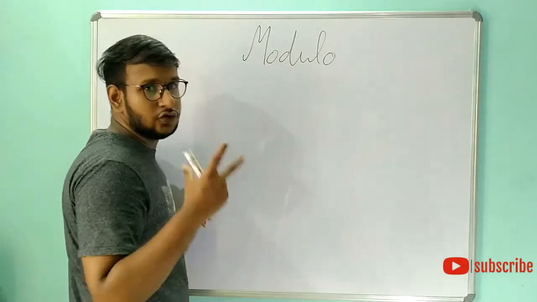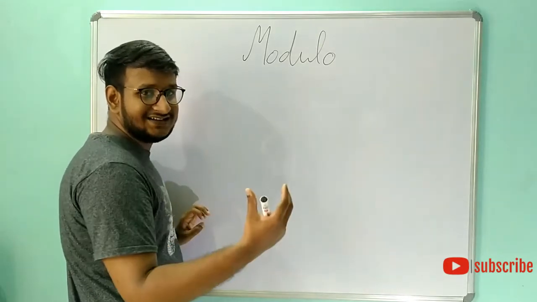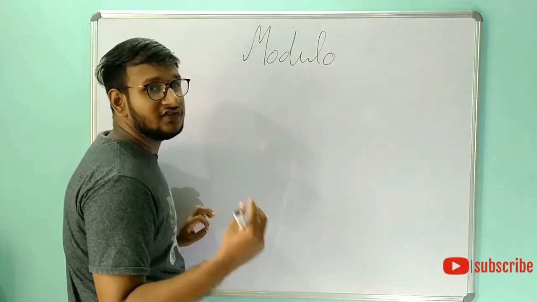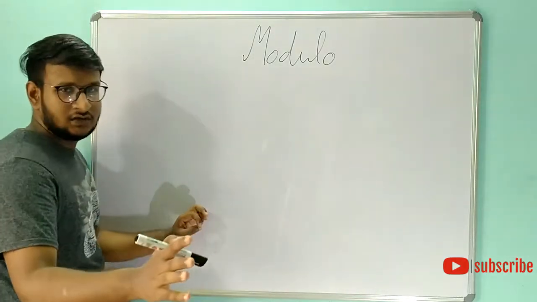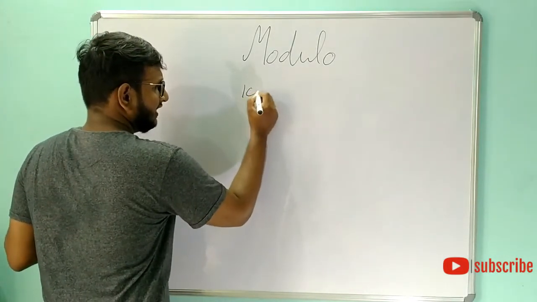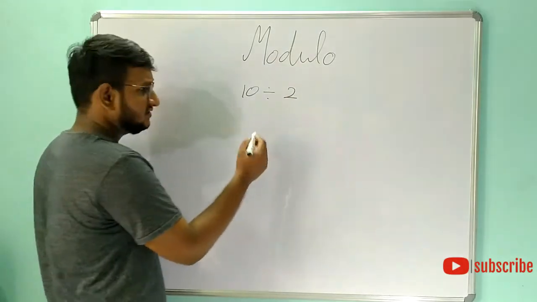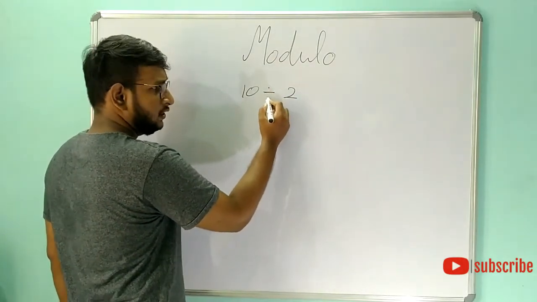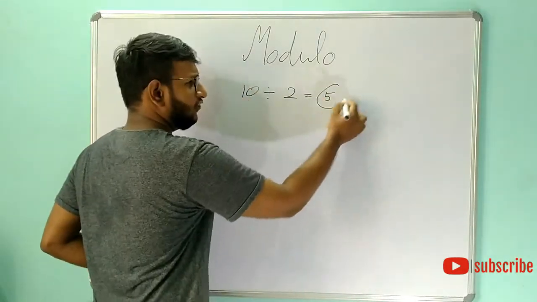If we have two numbers, when we divide them, modulo will give an output of the remainder. In the case of division, we will write 10 divided by 2. The operation division is represented by a symbol like this, right? When we divide these two numbers we get the value 5.